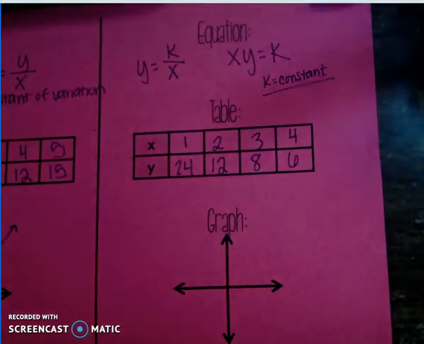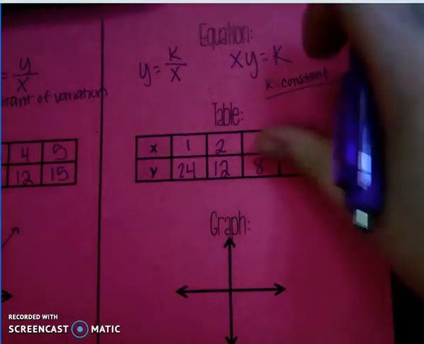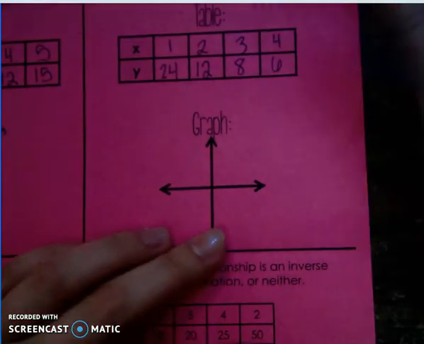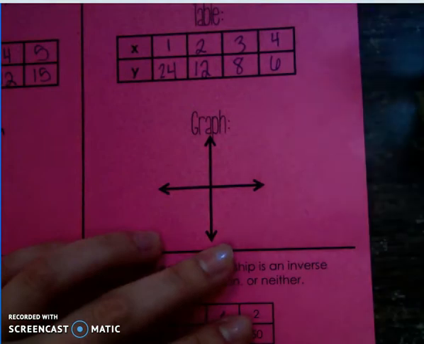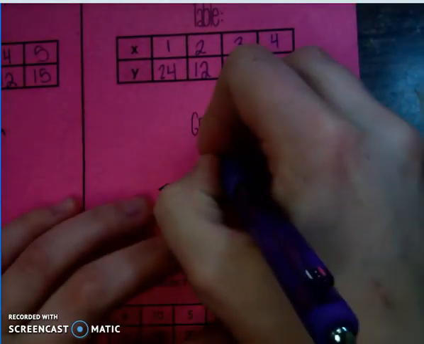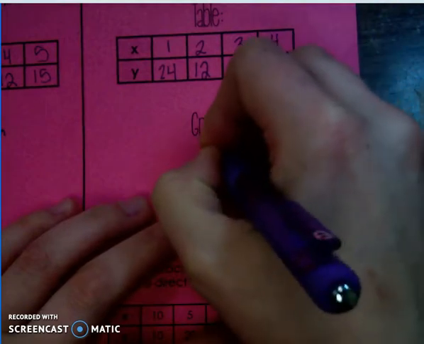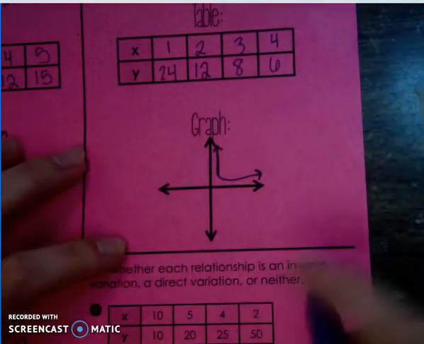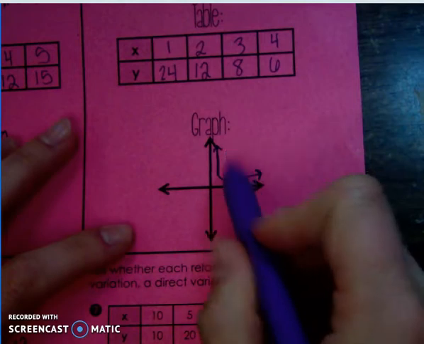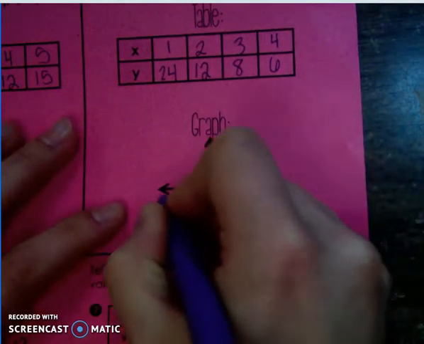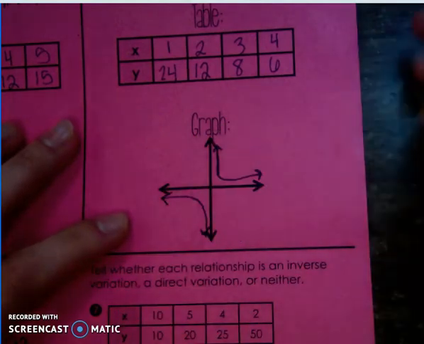Okay, now we're going to look at a graph. The graph of an inverse variation is like a rational function. It's going to look something like this. Okay, so they get close to the y and x-axis, but they don't touch.